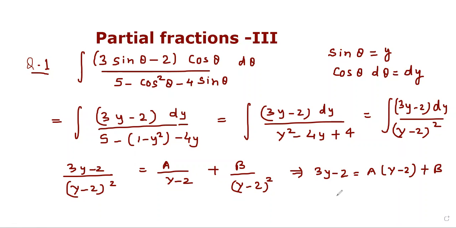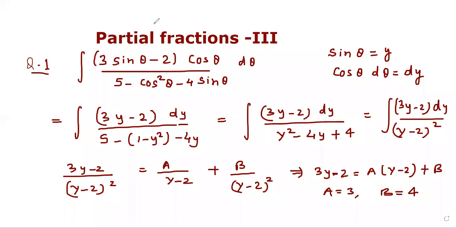Now we compare the coefficients of y from both sides. Here it is ay, here it is 3y, so a will be equal to 3. And then we compare the coefficients without y. So minus 2 on this side, and this is minus 2a plus b, where a equals 3. After putting the value, we will get b equal to 4.